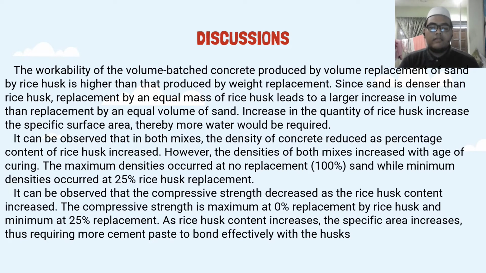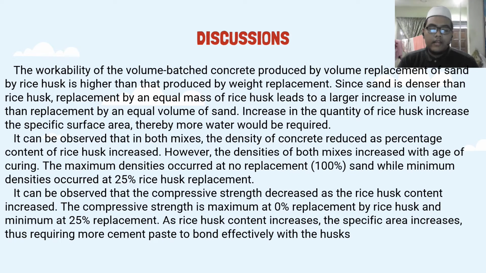It can be observed that in both mixes, the density of concrete reduced as the percentage content of rice husk increased. However, the density of both mixes increased with the age of curing. The maximum density occurred at no replacement, 100% sand, while the minimum density occurred at 25% rice husk replacement.